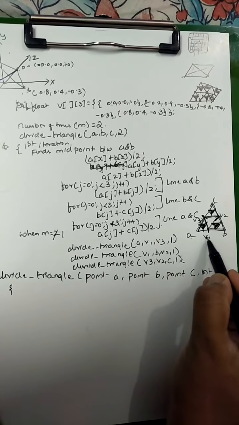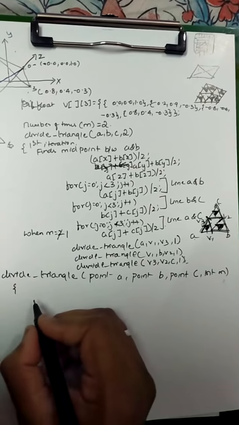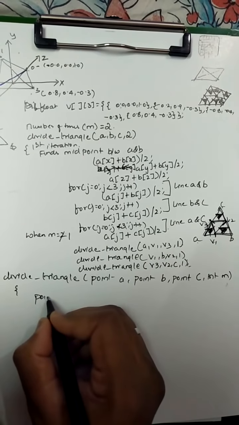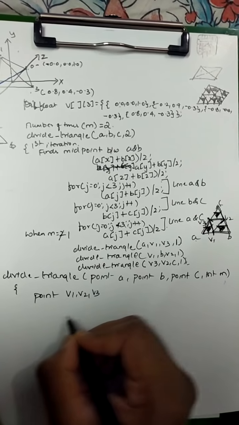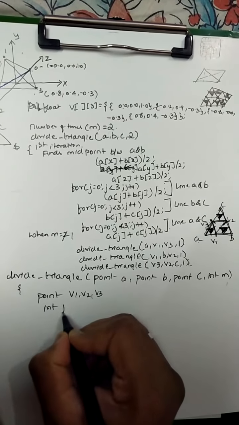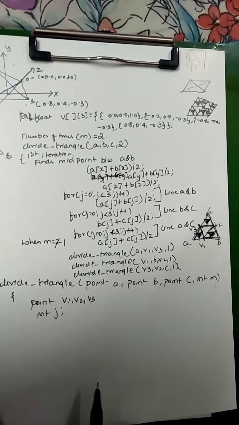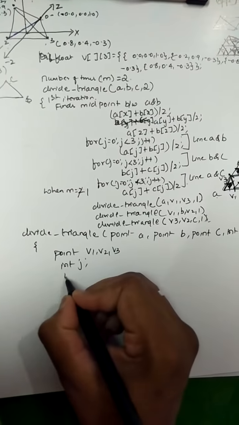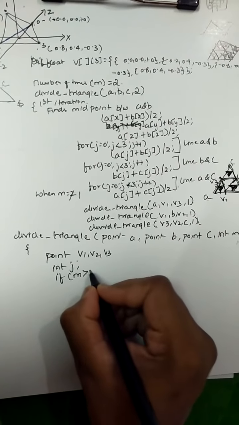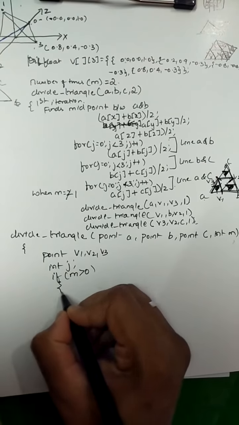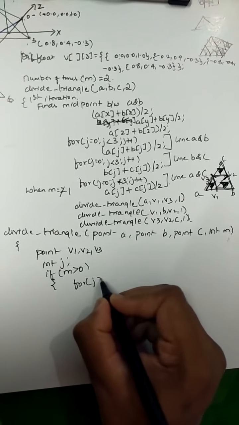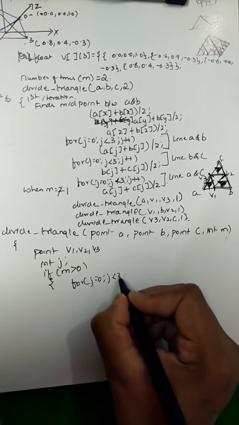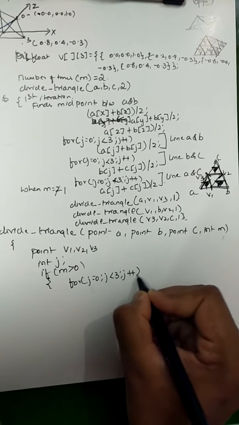Since I need these variables to take the midpoints, of type point, I'll take v1, v2, v3, and I'll take the variable j for the loop. If my m is greater than 0, what will I do? j equal to 0, j less than 3, j plus plus, yes.